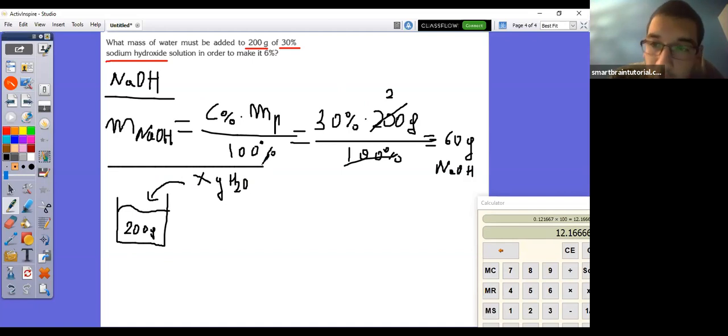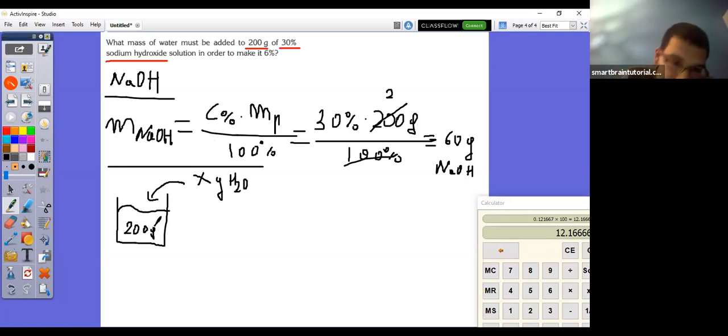When we add water, the mass of solute will not change. The mass of sodium hydroxide, 60 grams, will not change, because we are only adding water. Do you understand it? Because it's really important.